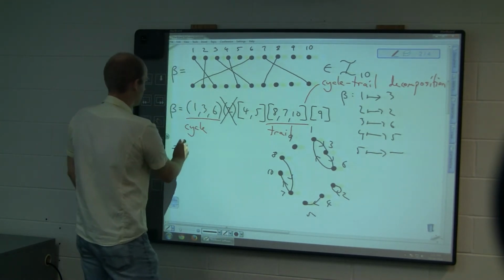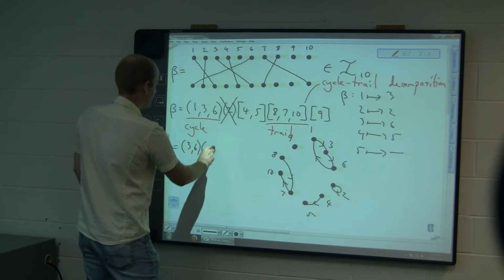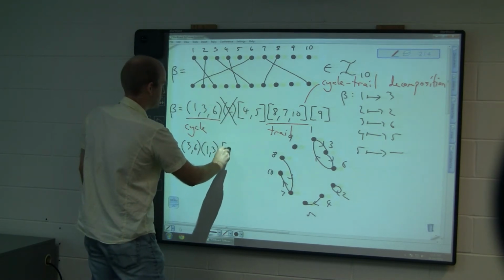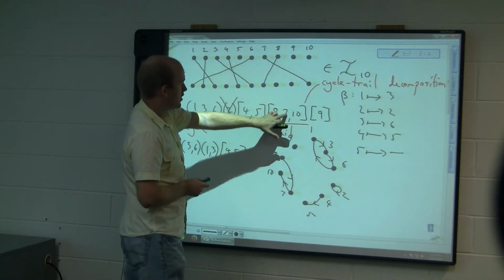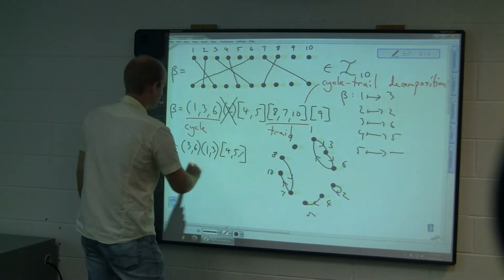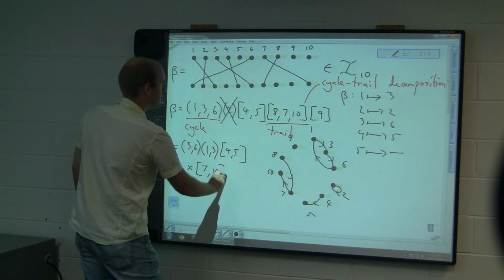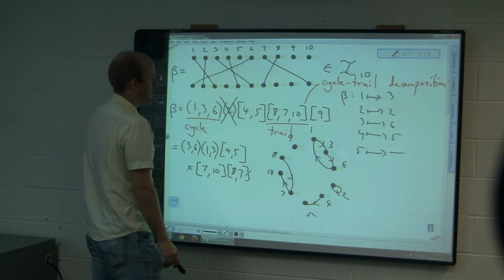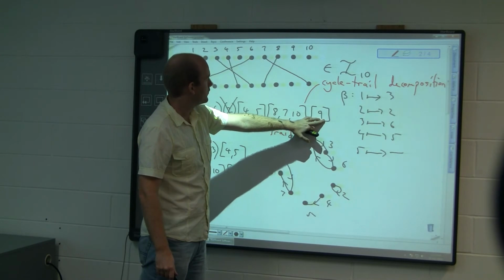So right, 1, 3, 6, I already said it was 3, 6, 1, 3. Here for the 4, 5 I've already got a 2-trail. Then 8, 7, 10. Turns out that we can write this as, I get this right, 7, 10, 8, 7.